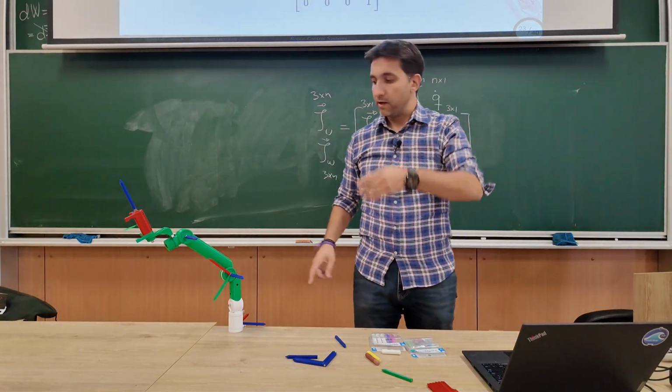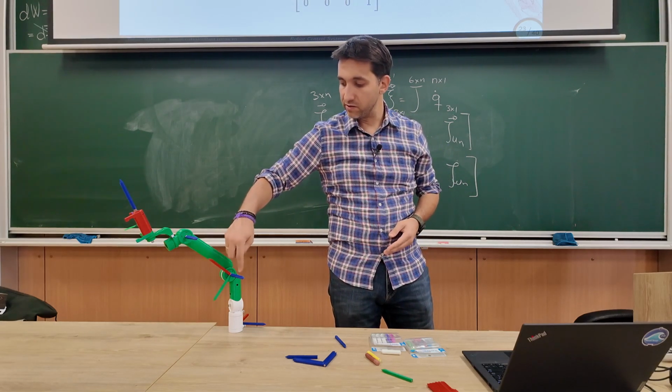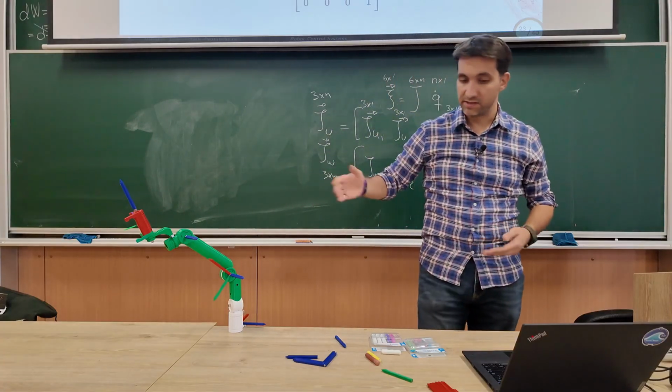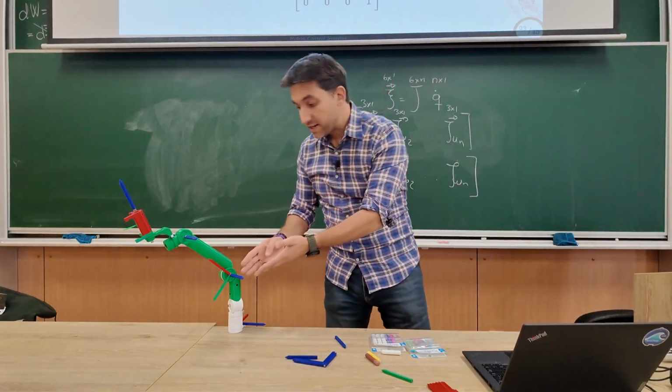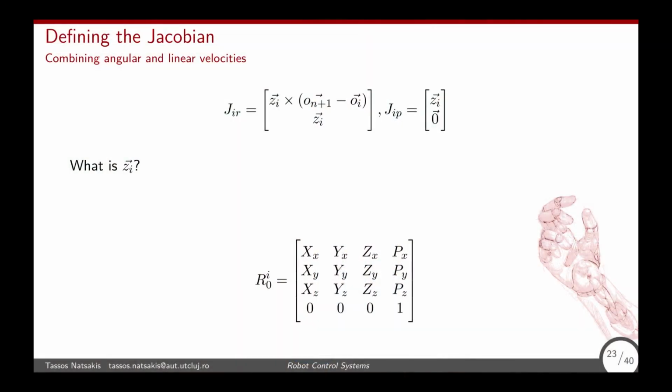Each column is for one of the three axes. The first is for the red, the second is for the green, the third is for the blue, the Z. So if we place the Z along the axis of rotation and I calculate the forward kinematics until that joint, then I can take that Zi using this column.